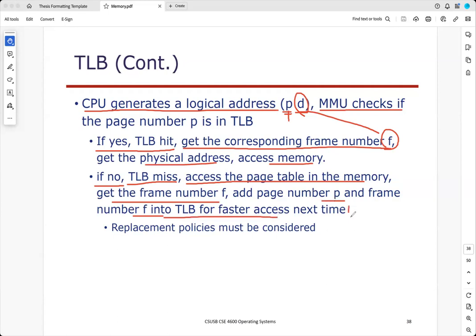So add this pair: P is the key and the frame number is the corresponding value. After getting the frame number from the page table, combine the frame number and the page offset to access the main memory.